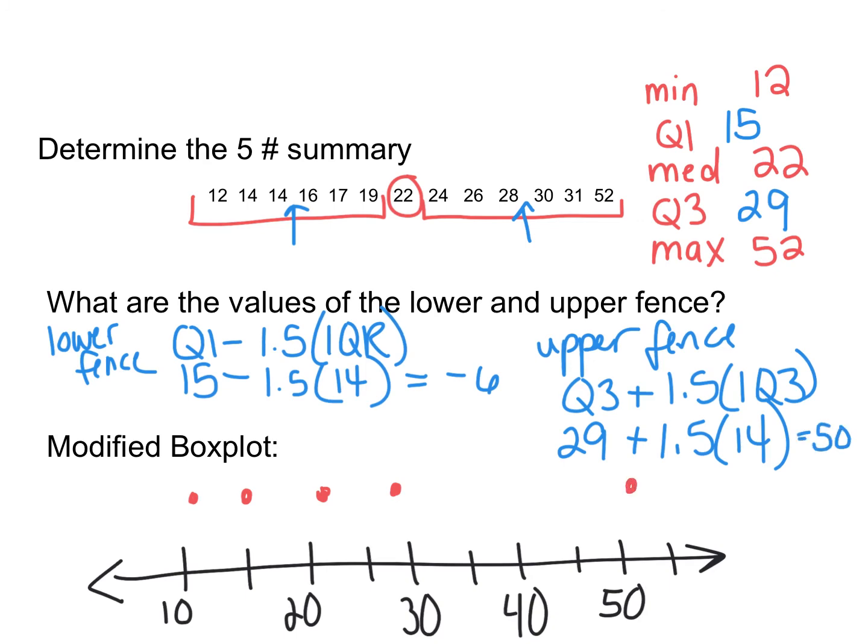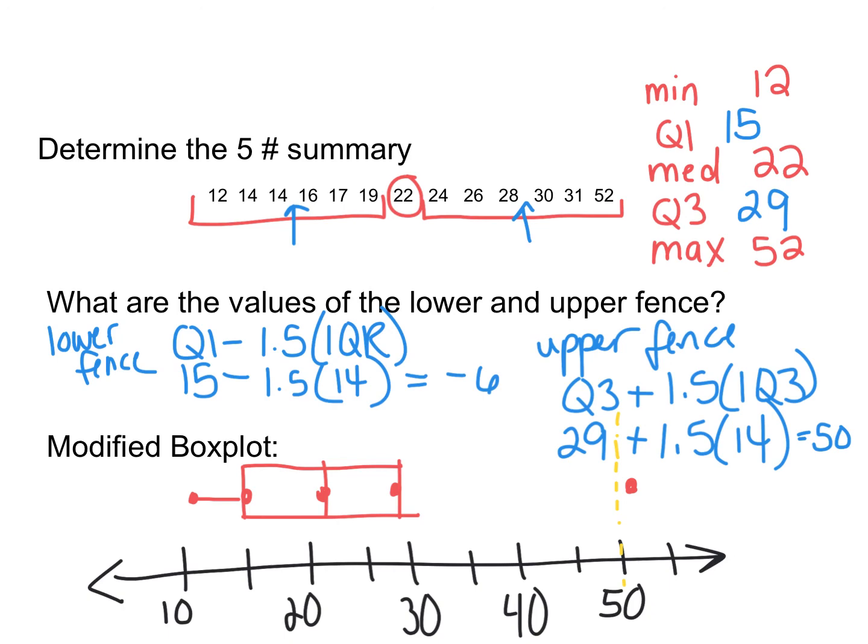Fence right here. So my outer values make up the whiskers. These inner 3 make up the box, the middle 50% of your data. But because my upper fence here is at 50, I'm going to illustrate that with this dotted line. Sometimes you'll see that to indicate anything beyond that would be an outlier.